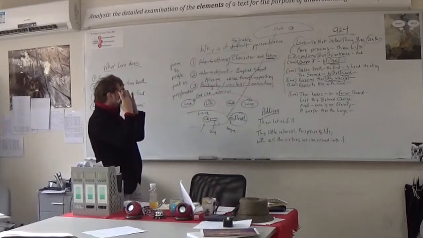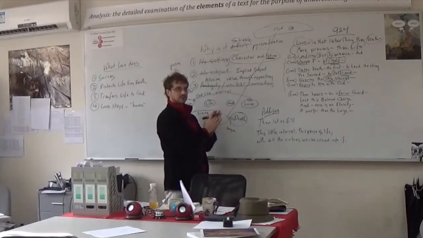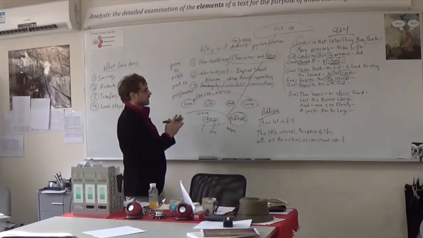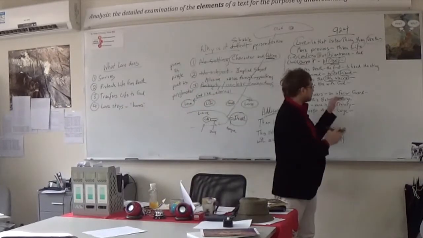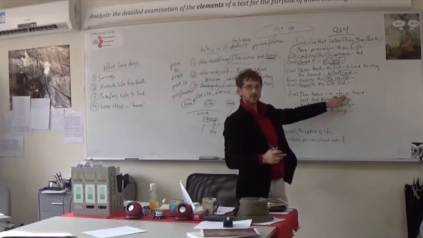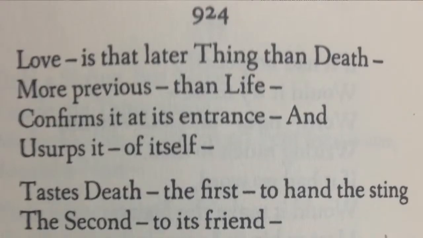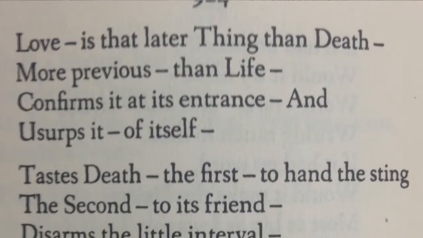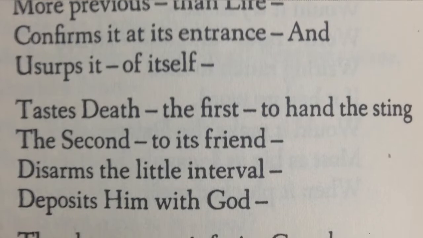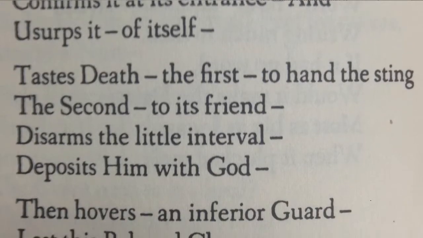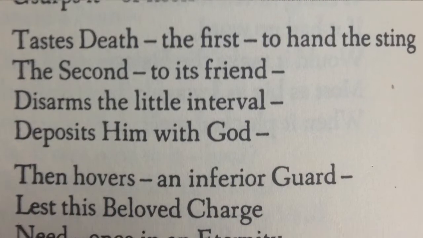And it's the same situation here. Love hovers. And love needs to hover. Why? Because love confirms God. It gives God size and strength. Why is love the inferior guard?